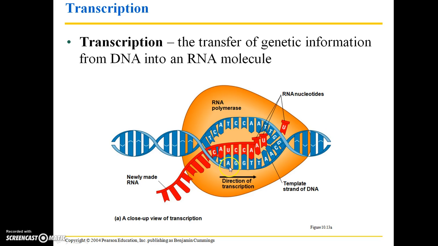So when the nitrogenous base on the parent DNA strand is adenine and it's undergoing transcription, you're actually going to have uracil pairing with that adenine rather than thymine. This takes place within a special enzyme, which is also a type of protein, known as RNA polymerase. And again, all of these little individual pieces here are RNA nucleotides that are being added to the newly made RNA strand.